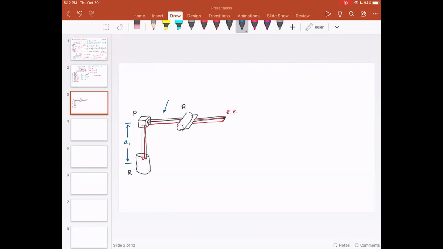But let me specify the link lengths. The first link length, A1, is a fixed link length. The second link length is D2. It's a joint variable. It can extend. And then we have the last link length, which is A3. So A1 and A3 are constants, and D2 changes.